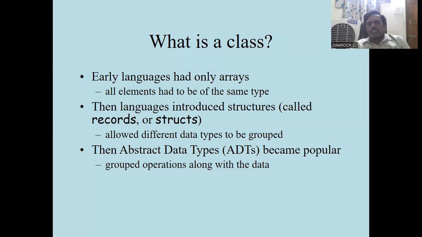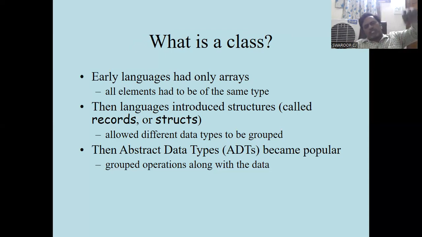A record is, for example, a name, first name, last name, salary, the complete information. If we want to store the complete record information at a time, we will use structures or unions in C. The same way, we can use the concept of classes in Java.